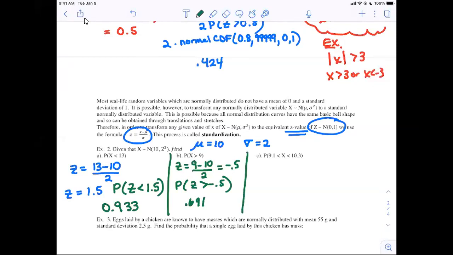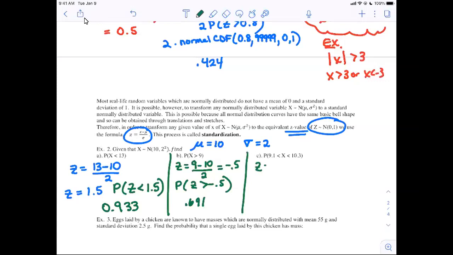All right, now in letter C, if I want the probability of X between 9.1 and 10.3, then I have to convert both numbers.